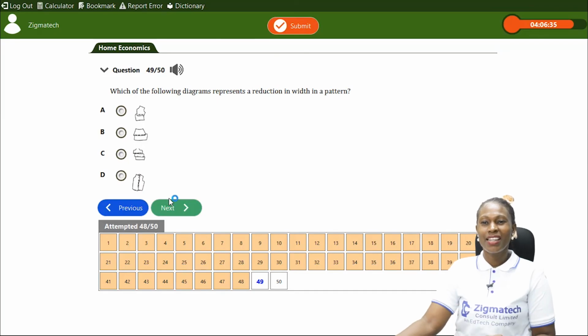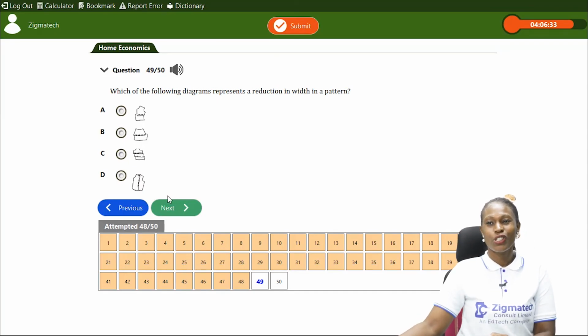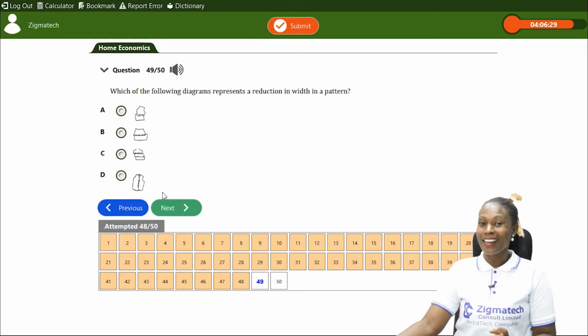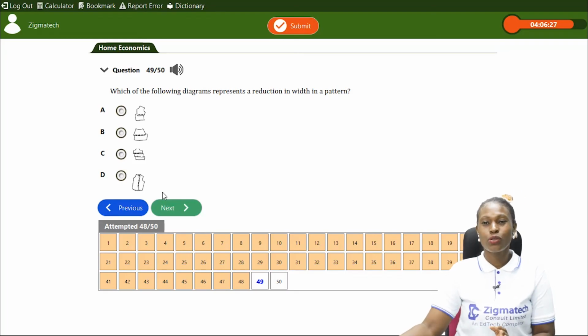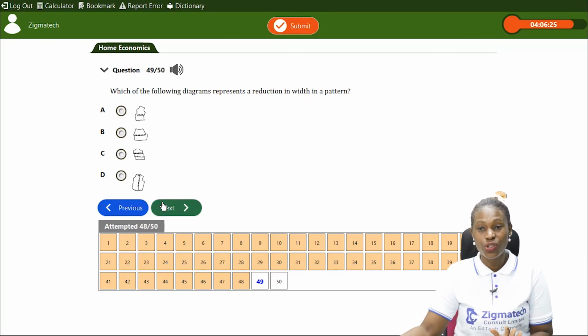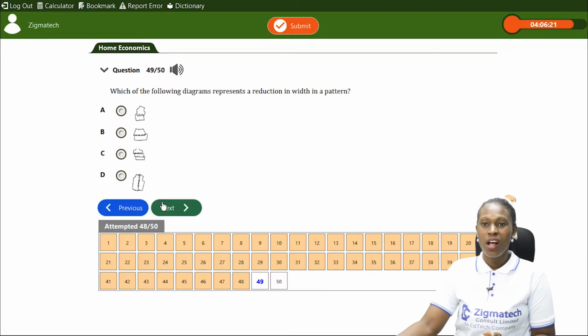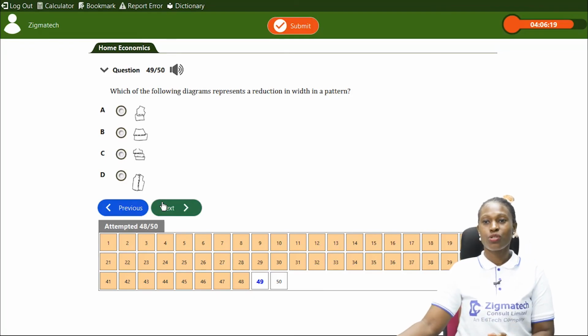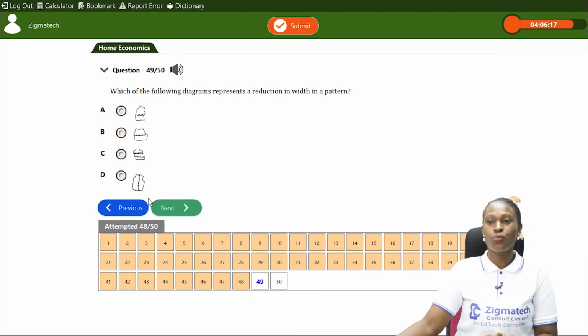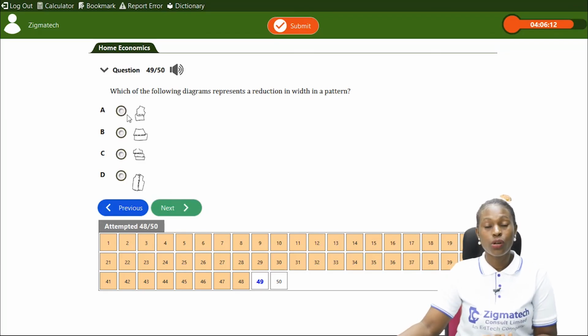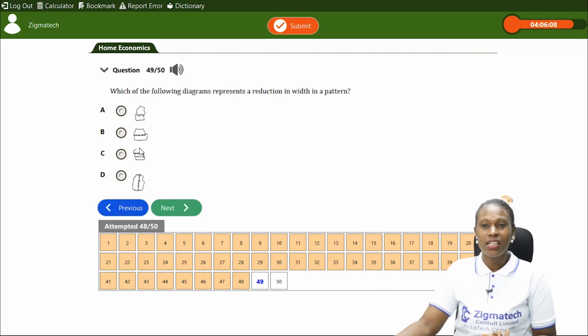Now, which of the following diagrams represents a reduction in width in a pattern? This brings us back again to pattern drafting. So you have to look closely, you have to pay attention here, so you'll be able to get the right answer to the question. If you look at the questions and the options closely, does this do that?